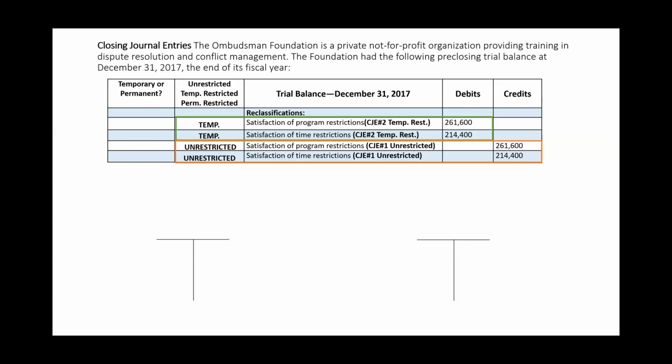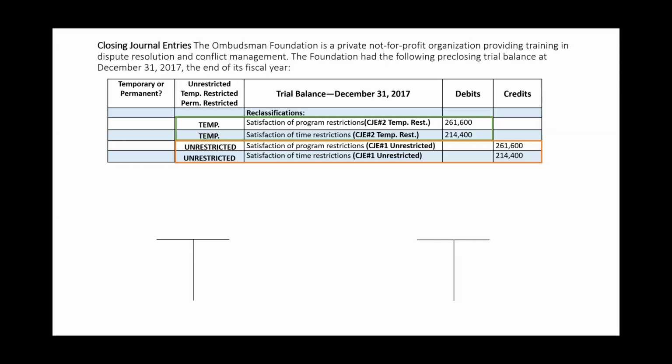What we're going to have here is something that seems a little backwards while we're doing it, right? So let's just start with our basics. We know that our temporarily restricted and unrestricted net asset accounts are kind of like our equity accounts. So when we want to increase them, we're going to credit them. When we want to decrease them, we're going to debit them.